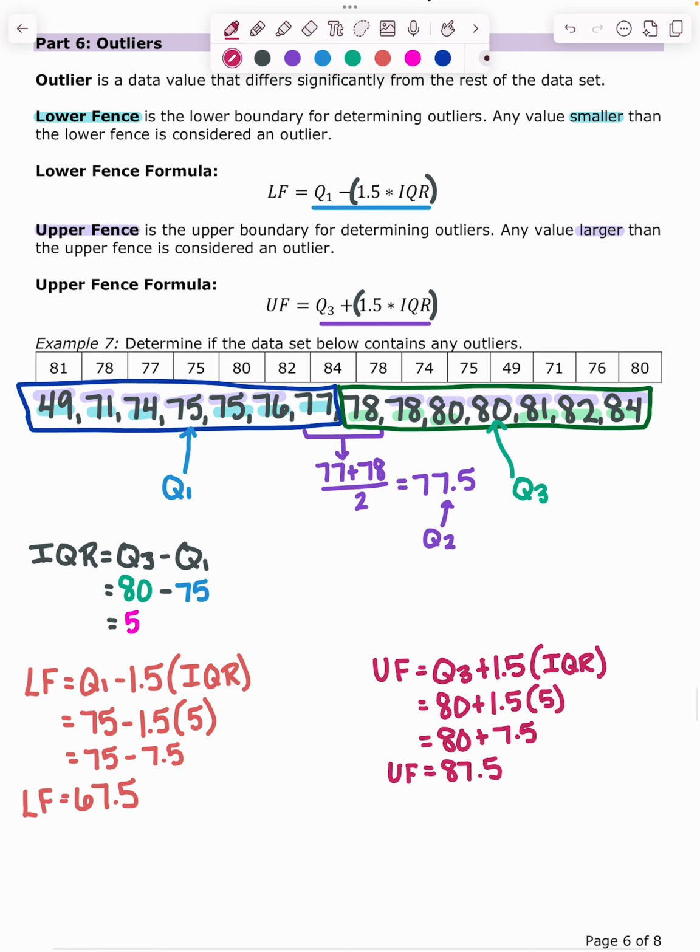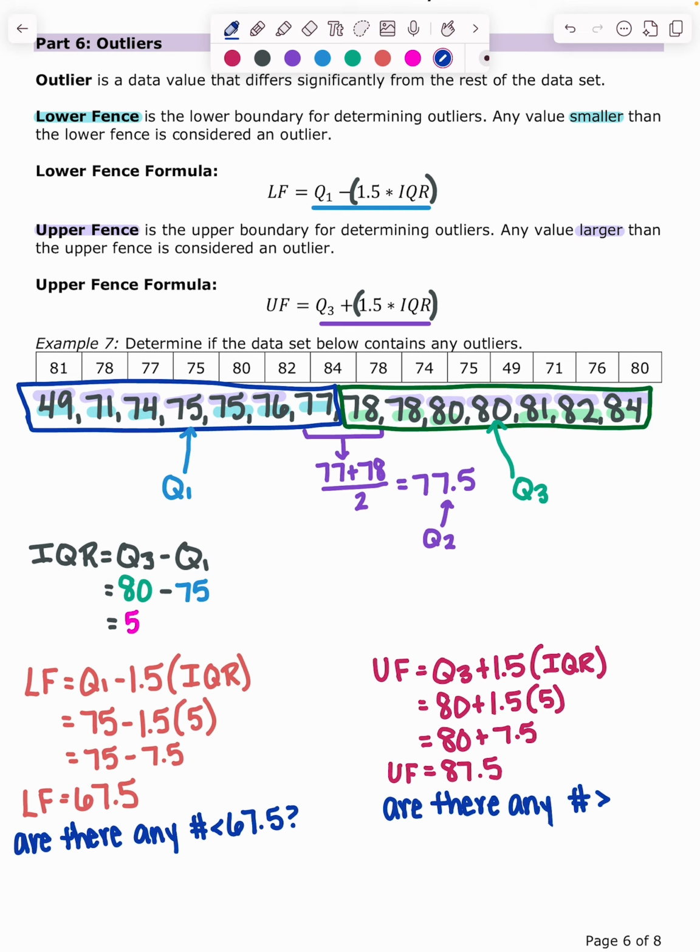Now we need to answer the questions. Are there any data values less than 67.5? And are there any data values greater than 87.5?